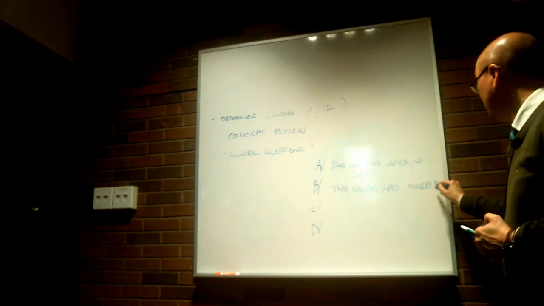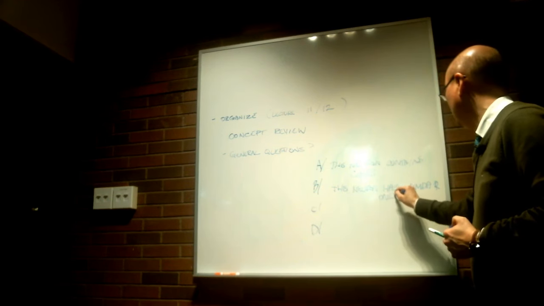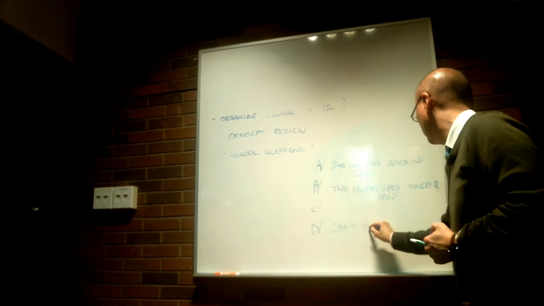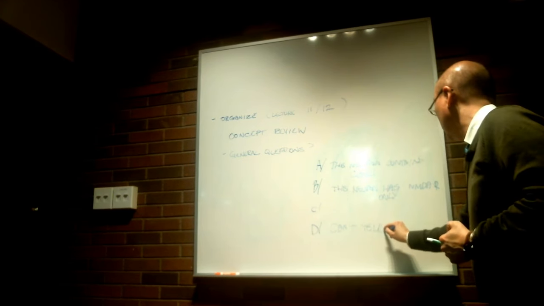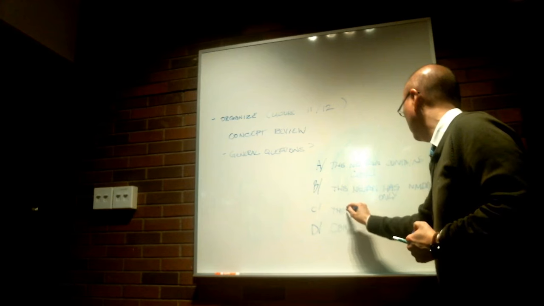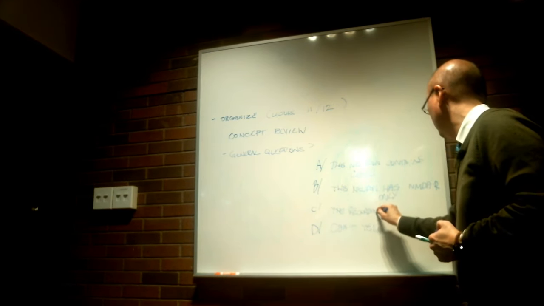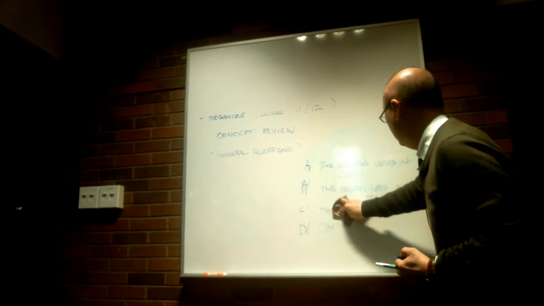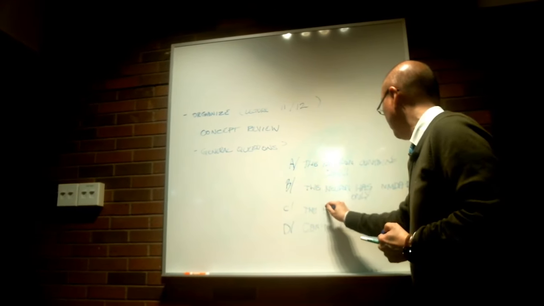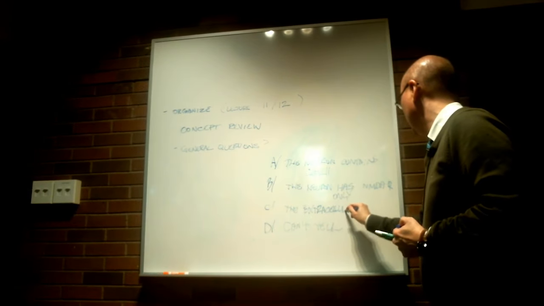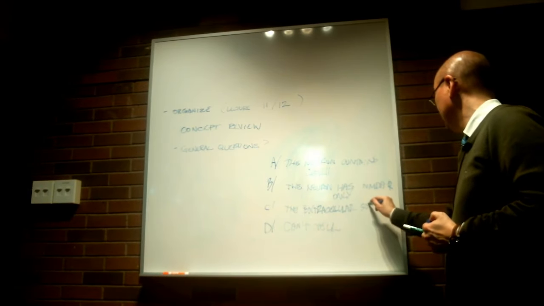B, the neuron has NMDA receptors only. C, the extracellular solution contains potassium.